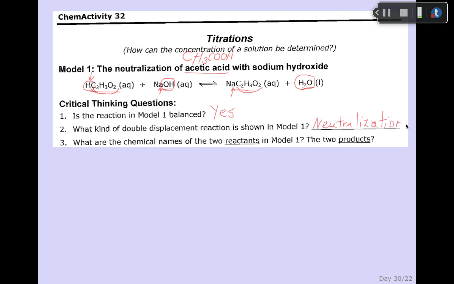All right, now, what are the chemical names of the two reactants in Model 1? Well, the first one shown up above is acetic acid, and it takes a minute to write it, but there you can see it. Acetic acid is the leftmost reactant. Sodium hydroxide is the second one. You should be able to recognize that, so I'm just not going to write it. I'm going to circle it for you. And the products then are water.